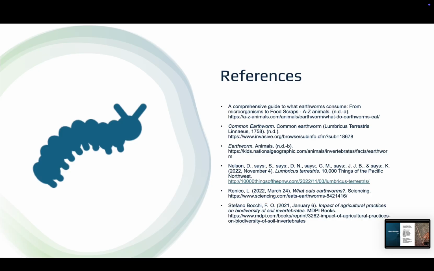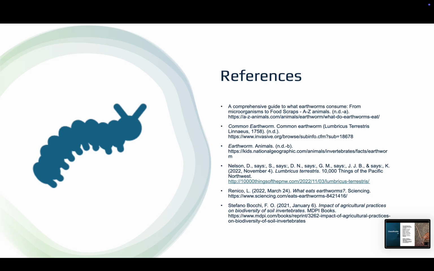And these are the references. The Comprehensive Guide to Earthworms: from microorganisms to food scraps, A-Z Animals. That's the part where I got my article from. Common earthworm. That's another one. Earthworm animals.